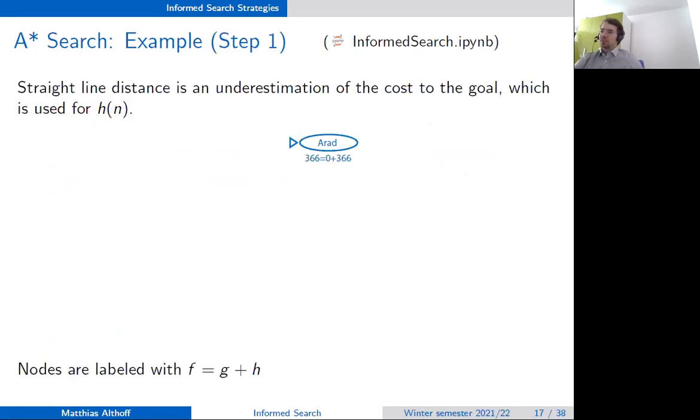Okay, the best way to explain this is by an example. We use, again, our Romania example. Now the F value is the cost for reaching this path, which is already an exact cost because we just added it from the partial cost. Initially, of course, this is 0, plus the heuristic cost, which under approximates the remaining costs to the goal.